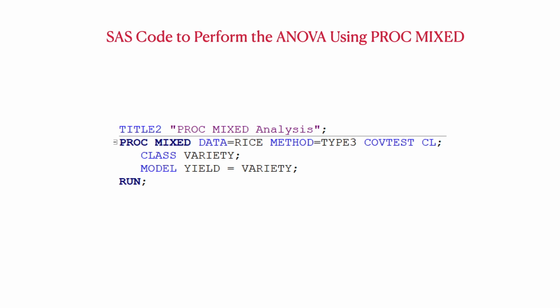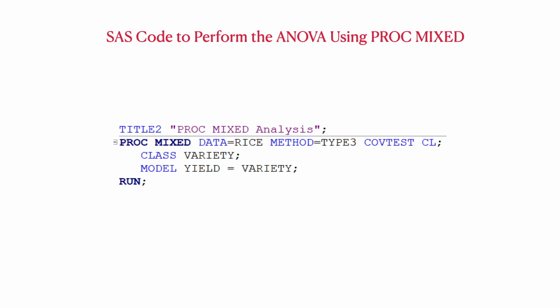So I invoke the procedure with PROC Mixed, and then I specify the data set that contains the data equal rice. I want the output produced by PROC Mixed to look like the output from PROC GLM and also to look like what we constructed by hand. And so I'm going to issue the method equal type 3 option.